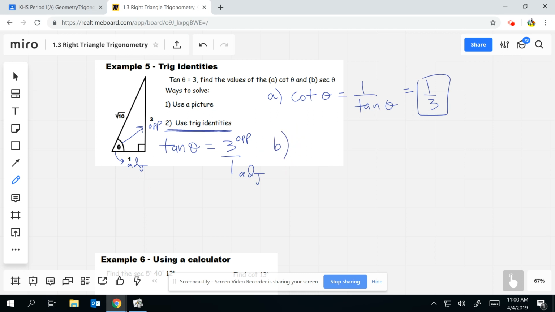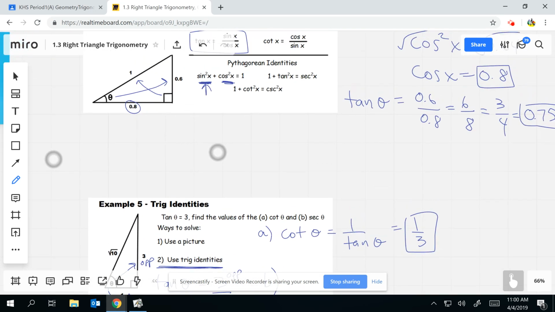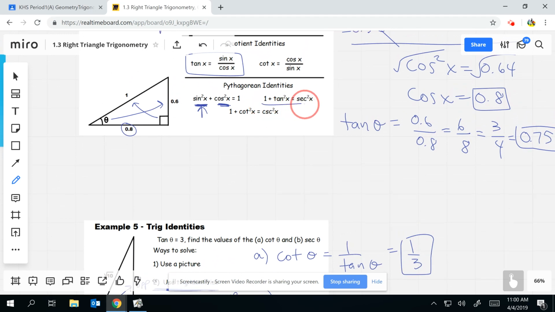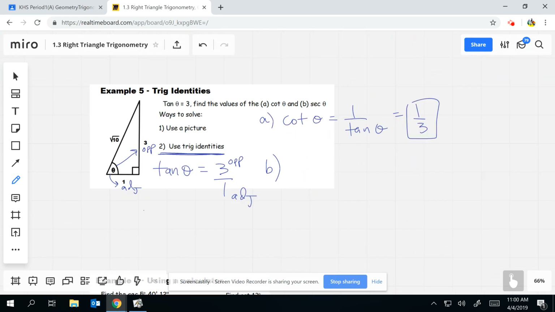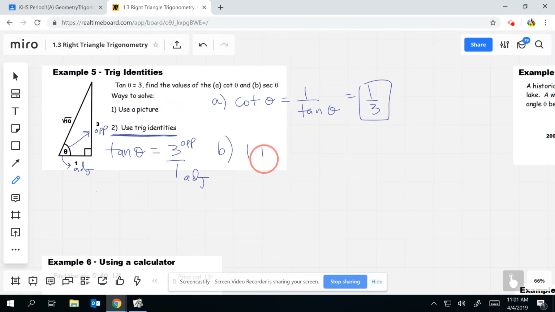Secant. We know tangent, and we want to find secant. So if I look at these identities again, we have one down near the bottom again that has tangent and secant in it. 1 plus tangent squared equals secant squared. So I'm going to put 1 plus tangent squared equals secant squared.